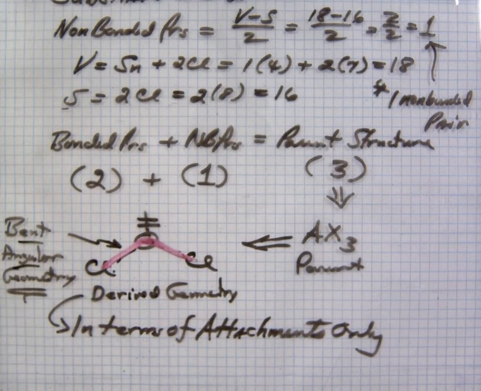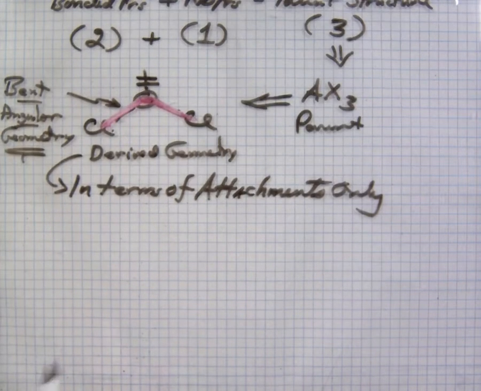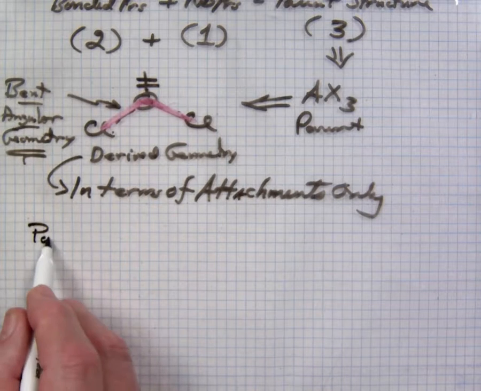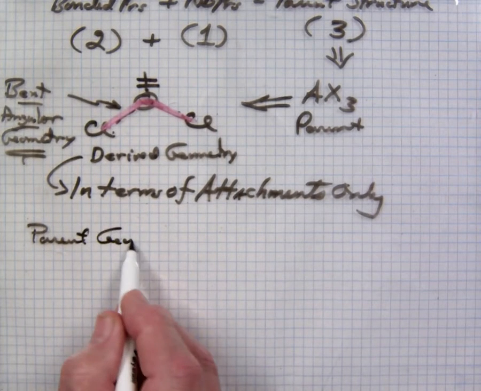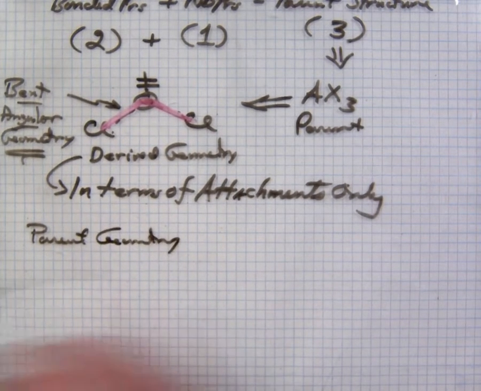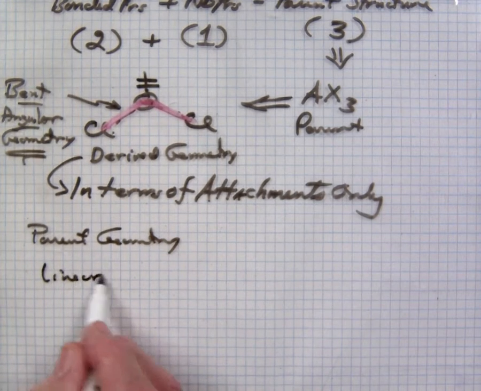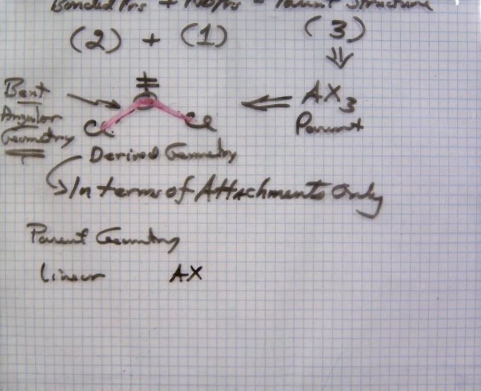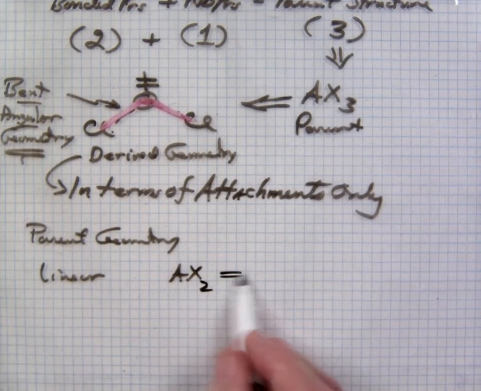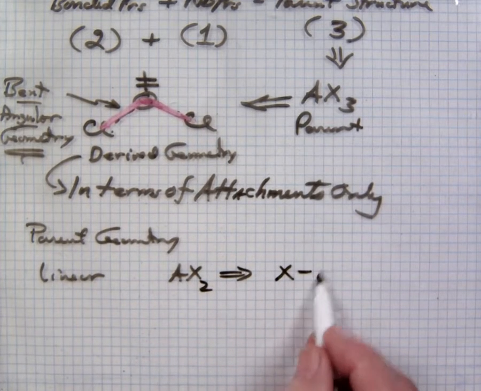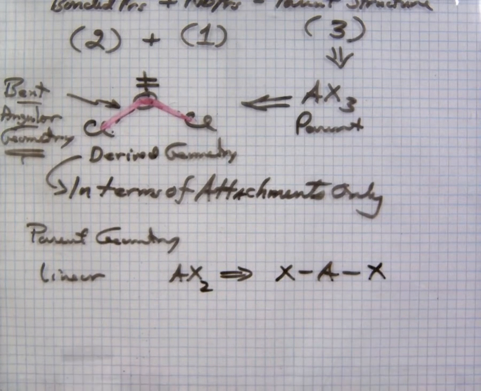When we talk about geometries, we first begin with the parent geometries, and we look at linear, an AX2 geometry. That doesn't have any derivatives.